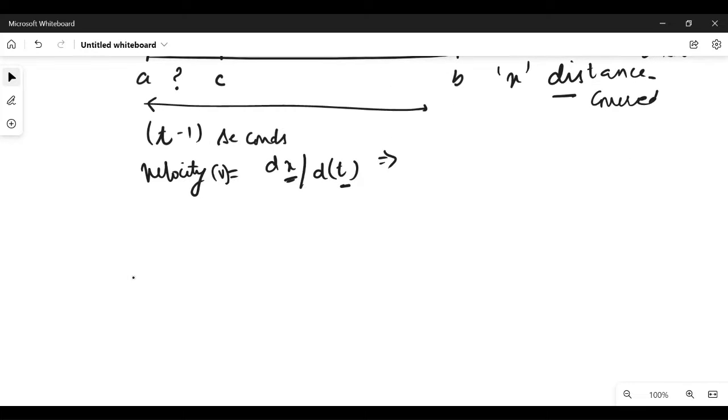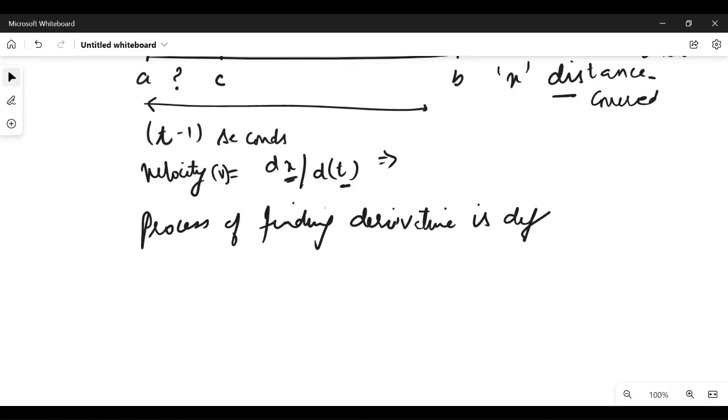Okay, and the process of finding derivative is known as differentiation. Okay, so a derivative, what does a derivative basically do?